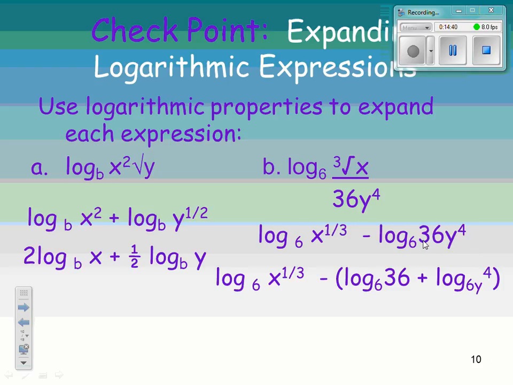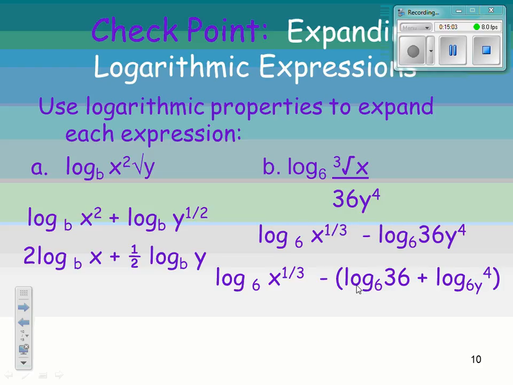Over here, I've got 36y to the 4th. This is multiplying, right? 36y to the 4th. So we can expand that a little bit more. Now I got log base 6 of 36 plus log base 6 of y to the 4th. That y is supposed to be up.